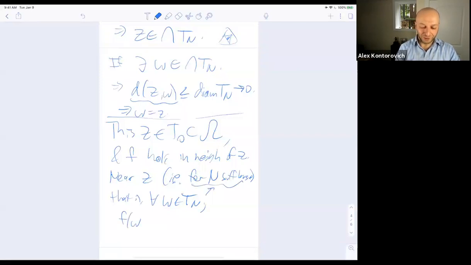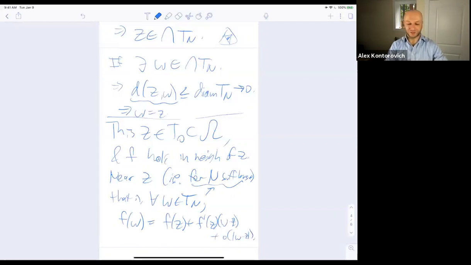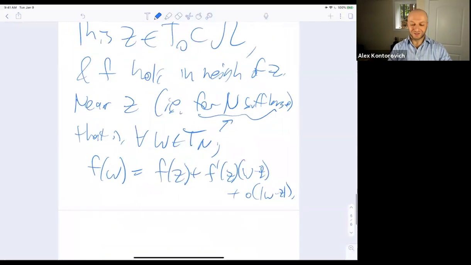f of w is equal to f of z plus f prime of z, which exists, times w minus z, plus little o of w minus z. That's exactly what it means for the derivative to exist. Once you've zoomed way in, f is linearized. This is a linear function in w.